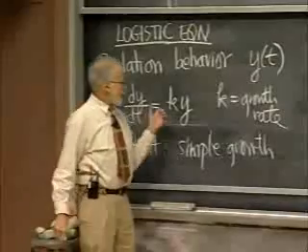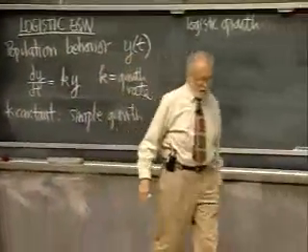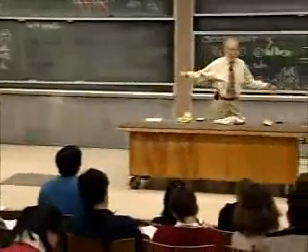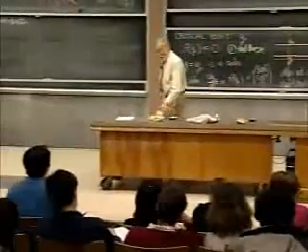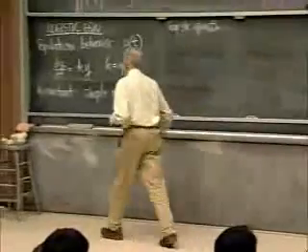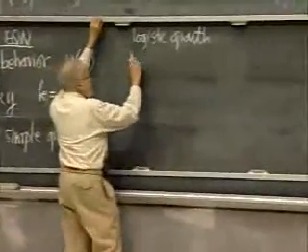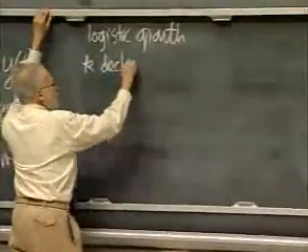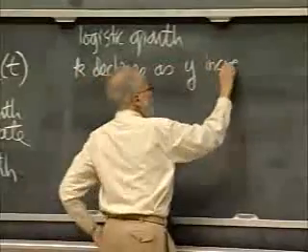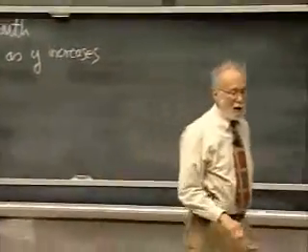What stops it from having unlimited growth? Well, the resources, the food that the organism has to live on, get depleted. In other words, the growth rate declines as y increases.